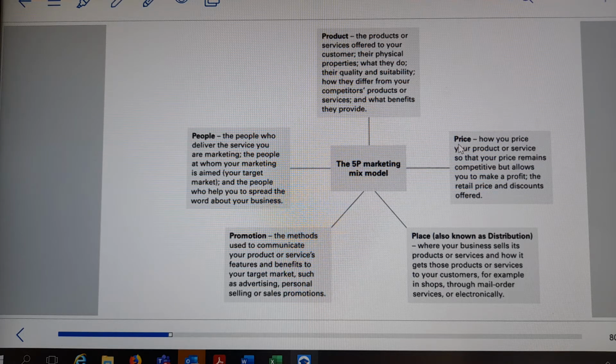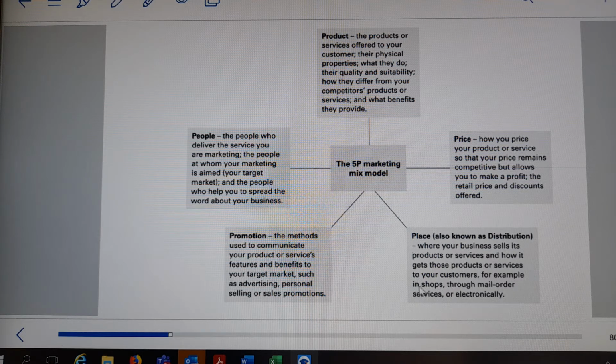And about price, how you price your product or service so that your price remains competitive but allows you to make profit. The retail price and discounts offered. And let's look at the place, which is also known as the distribution, where your business sells its products and services and how it gets these products and services to your customers.